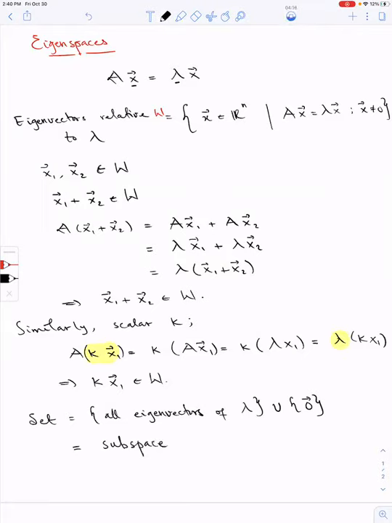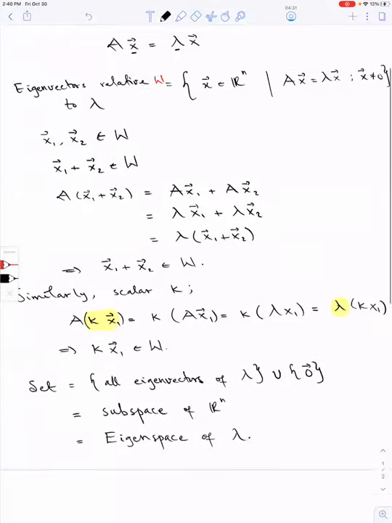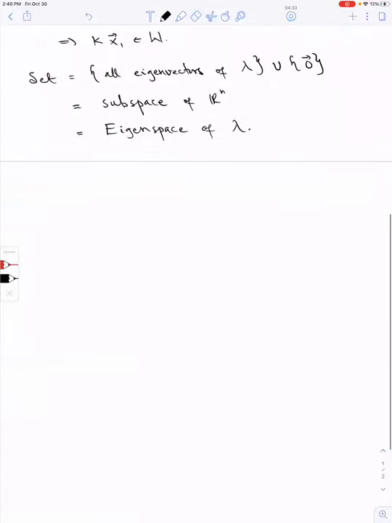And that subspace is what is called the eigenspace of lambda. So let's take a short example.